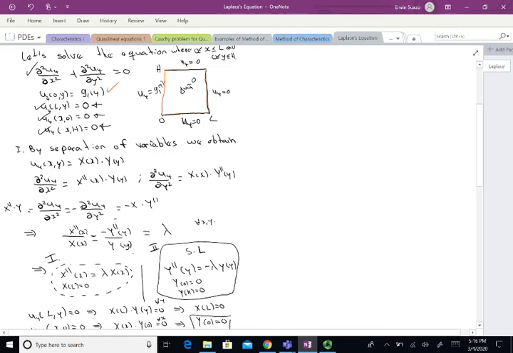Okay, so separation of variables lets you work, and at some point it gives you the conditions. In the process you see what conditions you need to put on the g's to find a solution.